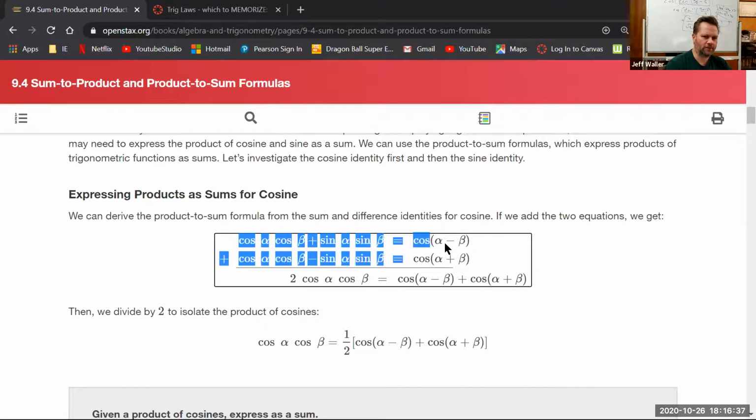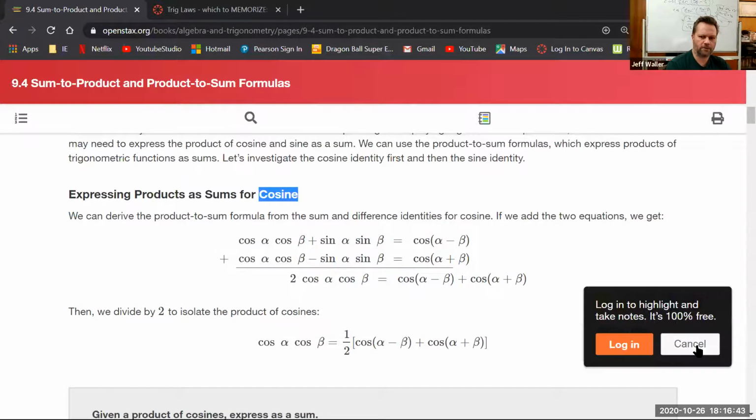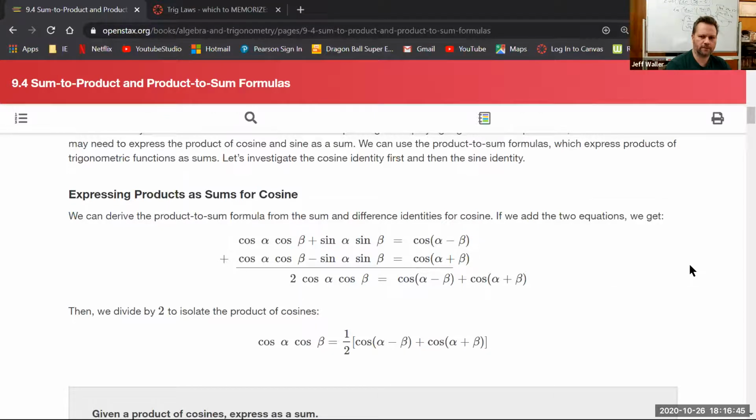This first equation is just the difference of angles formula for cosine. This is kind of neat. The application of this is neater in other areas. But what they do is they add the formula for cosine alpha minus beta to the formula for cosine alpha plus beta, and they notice that these cancel.